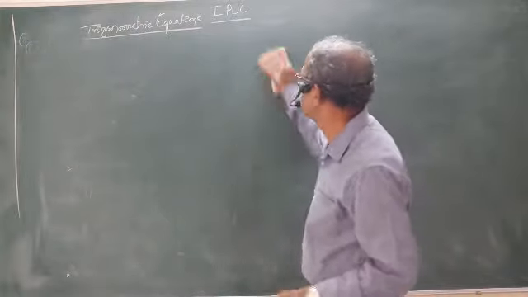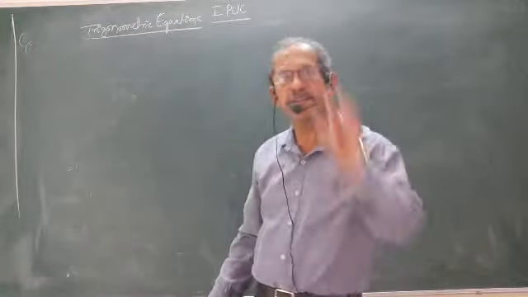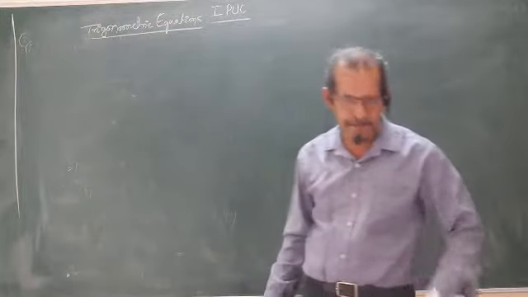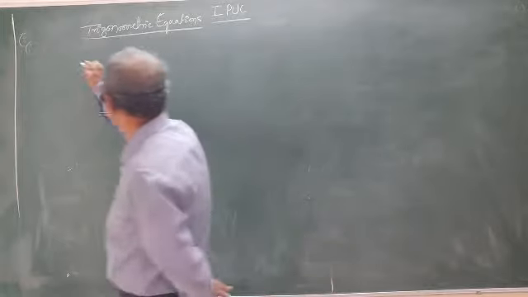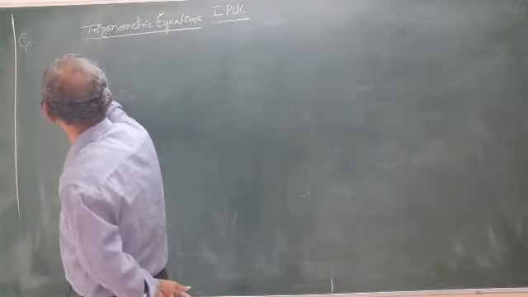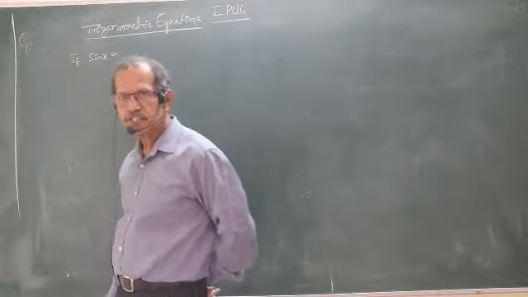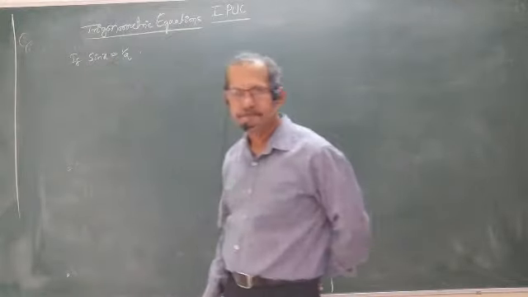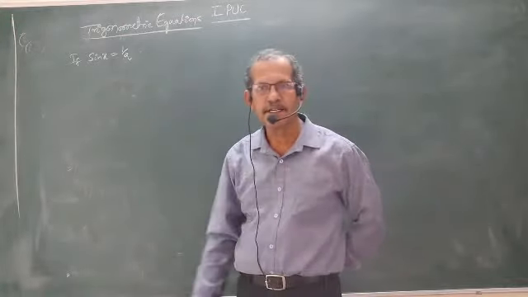Now, trigonometric equation means a trigonometric function is given in which you have to find the unknown quantity. How to find? Don't just imagine. If sin x equals, let me take, 1 by 2. Here unknown is x. Find the value of x.